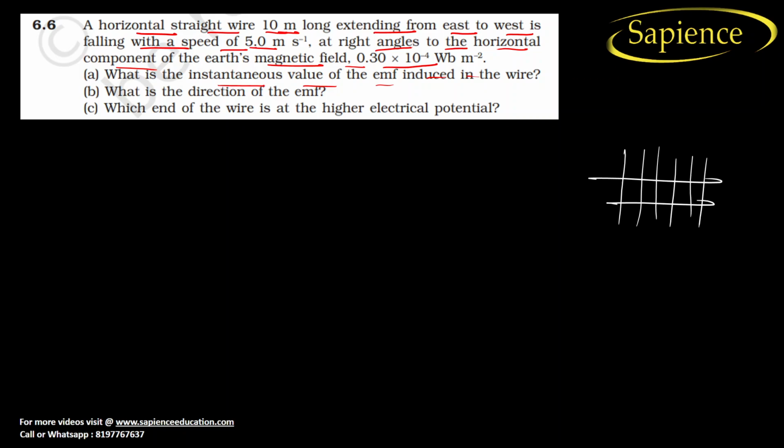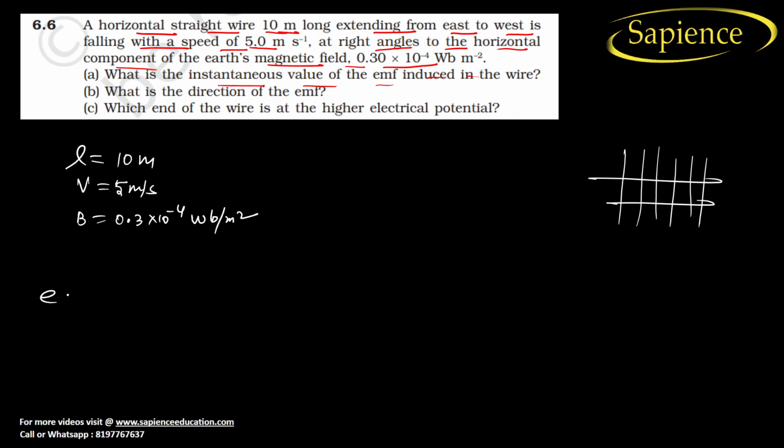So length, they have given length is equal to how much? 10 meter. Velocity is how much? 5 meter per second. And magnetic field, they have provided you B, that is B is equal to 0.3 into 10 to the power minus 4 Weber per meter square.